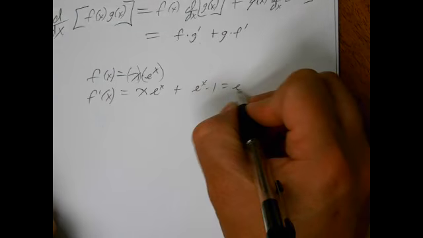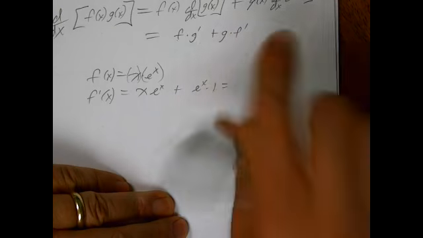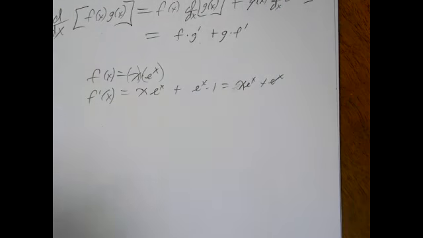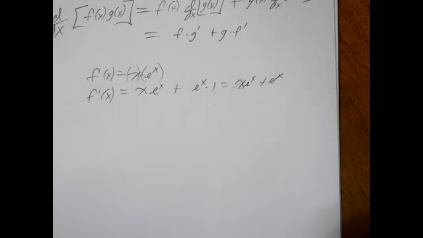Again, this will clean up just a little bit, not much, just by not having to write down the one, that cleans it up a tiny little bit. All right. So that's your basic product rule.